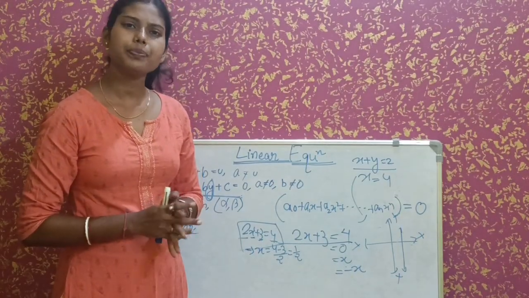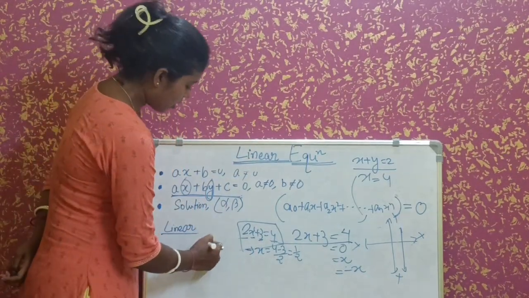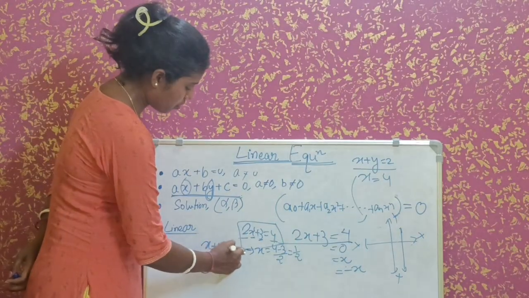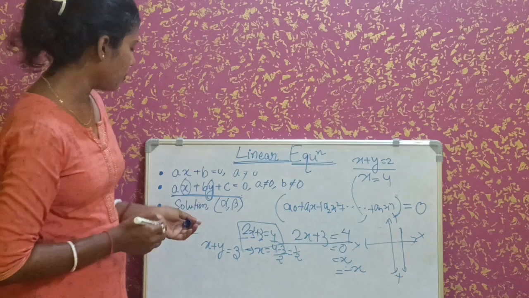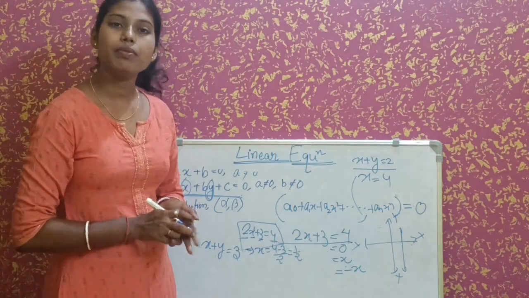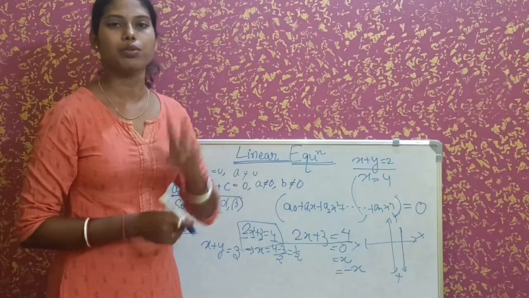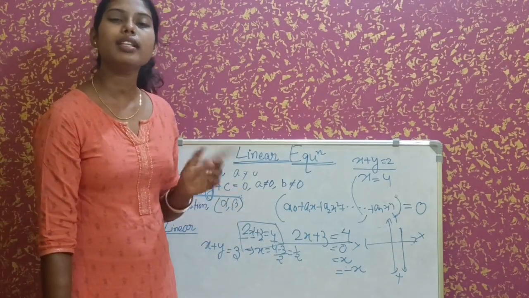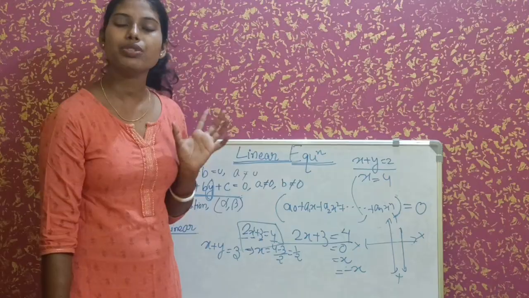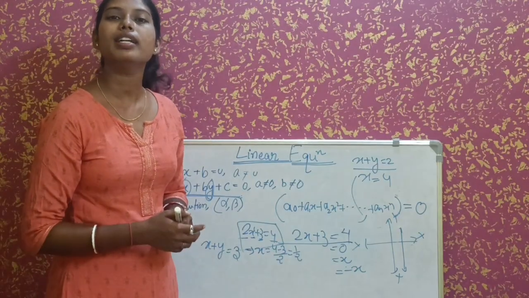Suppose we are given x plus y equals 3. Can we solve this? No. To solve a two variable equation, we need two equations. If we have only one equation, there is no fixed solution. There can be multiple solutions for this expression.